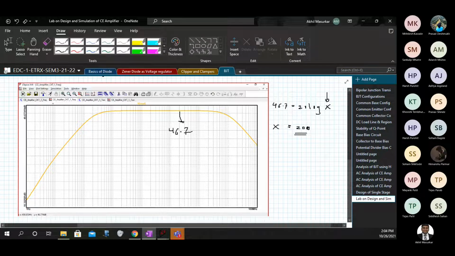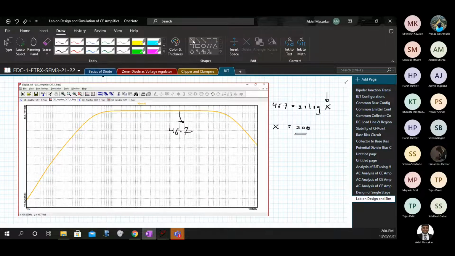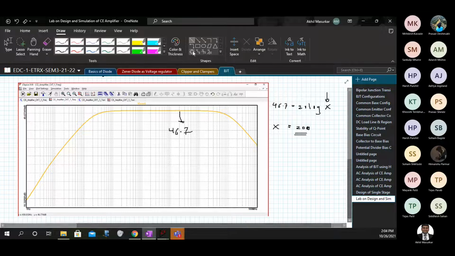That's the first thing. The second thing is I want the bandwidth. So what I should actually do is, this maximum value that we got is 46.7.